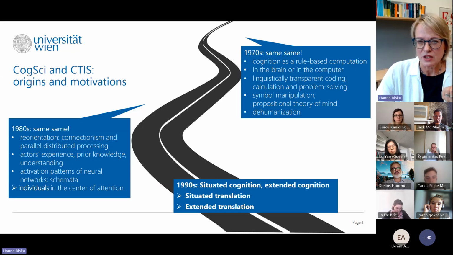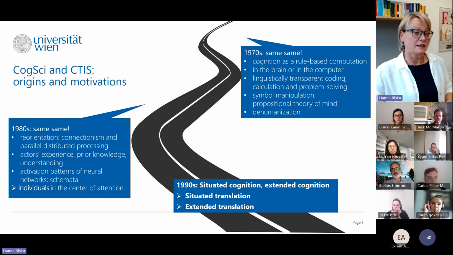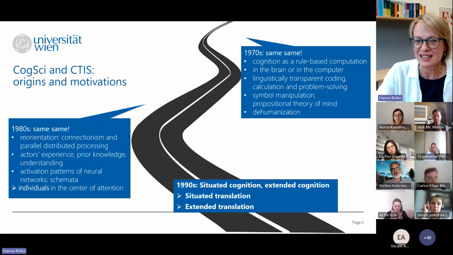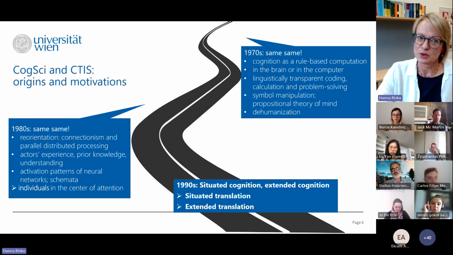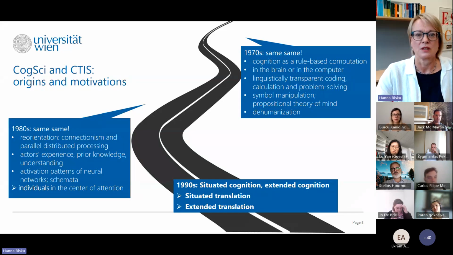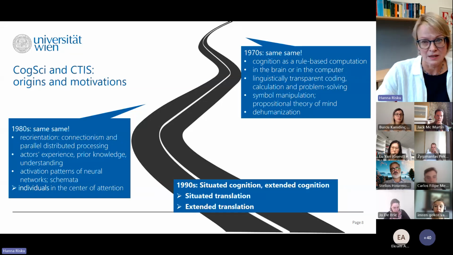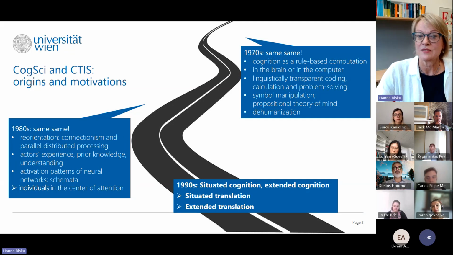So just like in translation studies, and probably not totally by chance, there was a paradigm change in cognitive science in the 1980s. You remember certainly that in translation studies, descriptive, functional, hermeneutic, and other approaches brought the interests, knowledge, and understanding of the individual actors involved to the forefront of translation research in the 1980s. So translation was now seen as dependent on the individual interpretations and choices of translators.